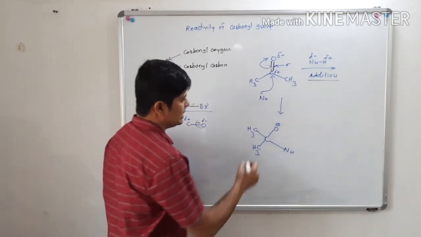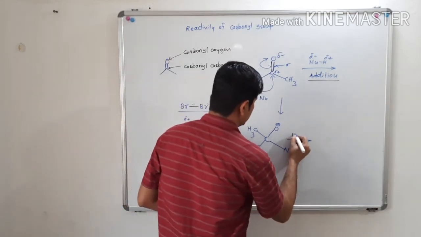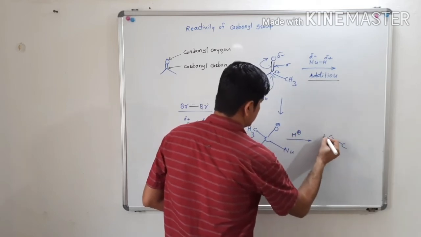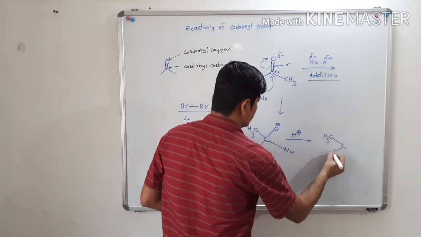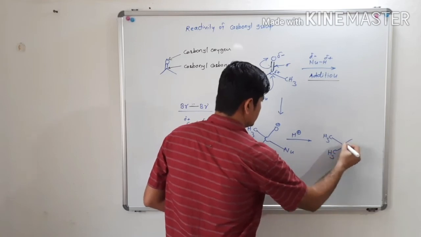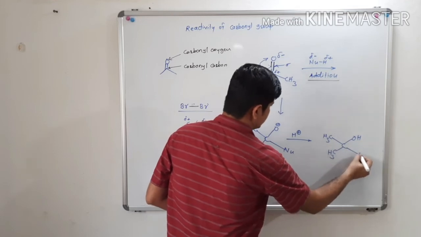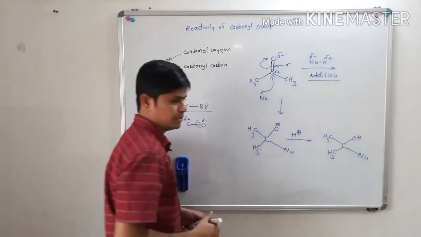Now this O minus will take a proton, there will be a formation of hydroxide and this nucleophile.